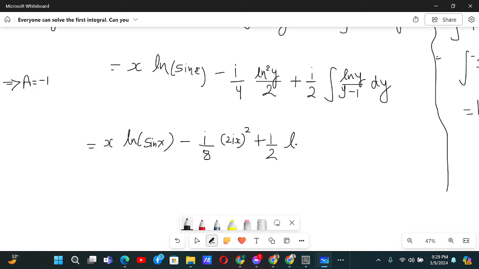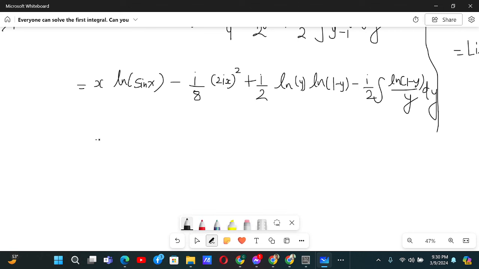I can write this as ln y and then ln of 1 minus y, basically I can write this as 1 minus y times minus 1. So if you integrate that, we get this thing, and then minus i by 2 integral of ln of 1 minus y by y. Basically differentiate this and integrate this thing over here, dy. Okay, I think so. Now it's easier to proceed.